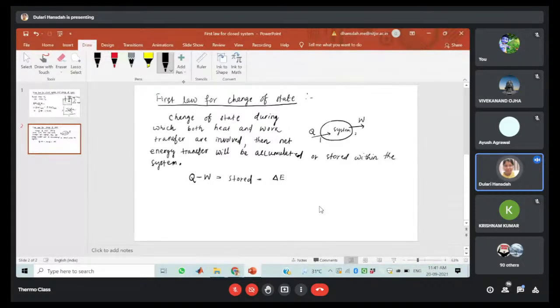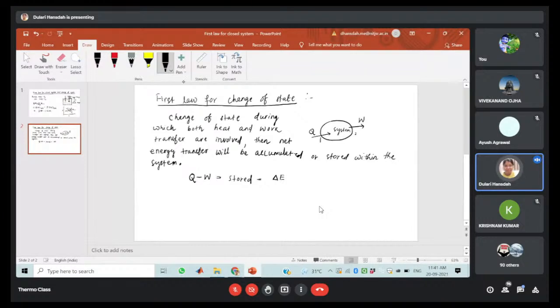So when there is the change of state, and if you are applying the first law, all of you know that first law means it is the conservation principle, where we are considering that energy can never be destroyed or created, it will always be conserved within the system. Okay.